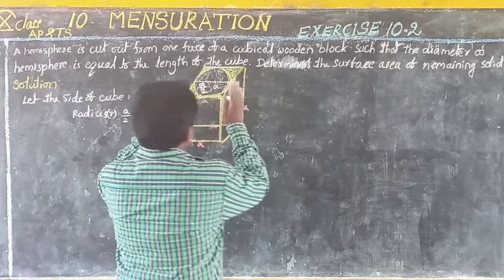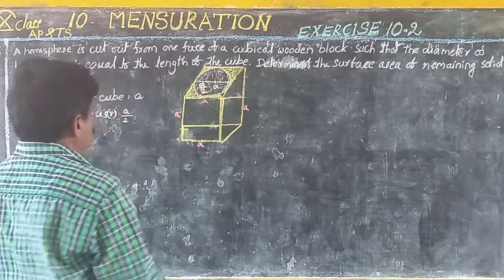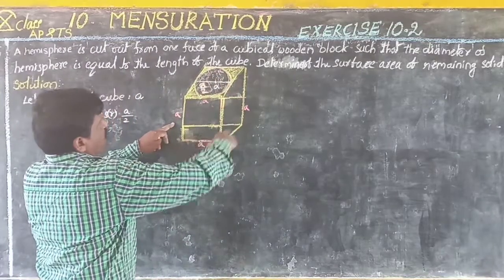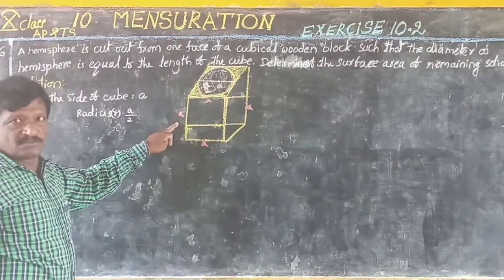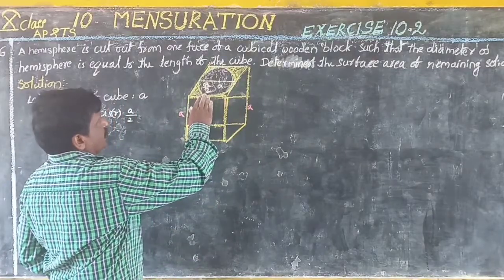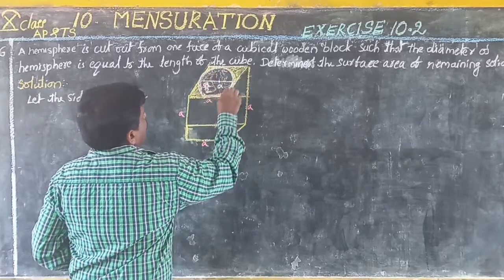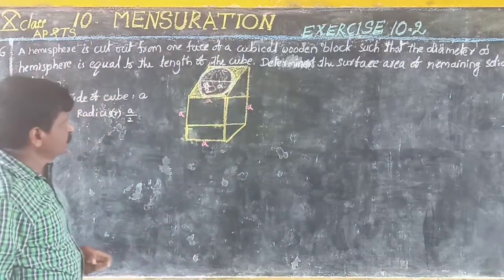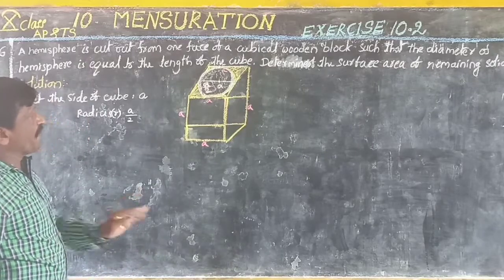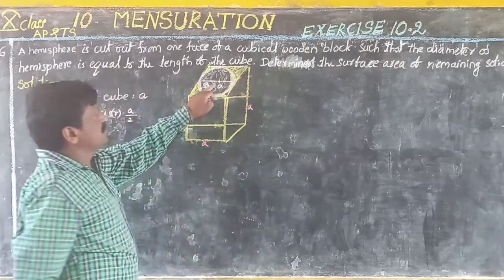So we want total surface area. First, total surface area of the cube. Next, subtract area of the circle. Next, add lateral surface area of the hemisphere.